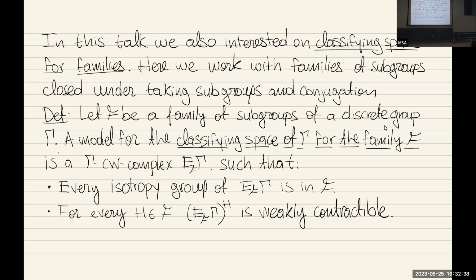The first one is that every isotropy group of this space is in the family. And the second one is that for every element in the family, the fixed point set of this group is weakly contractible. It implies also that this space E_F gamma is the universal space with isotropies in F. It means that every gamma CW complex with isotropies in F has a unique map, up to gamma homotopy, to this E_F gamma.